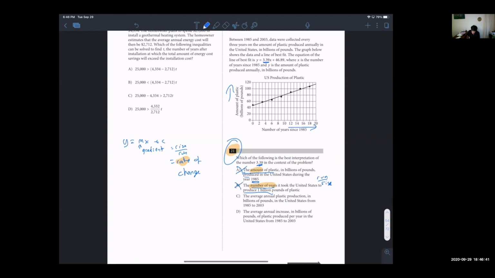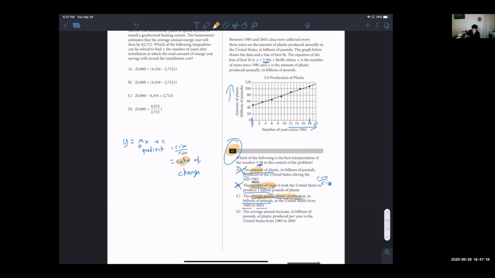This is also incorrect. A lot of you said this: average annual plastic production in billions of pounds from 1985 to 2003. Yes, okay, this one is average annual plastic production.